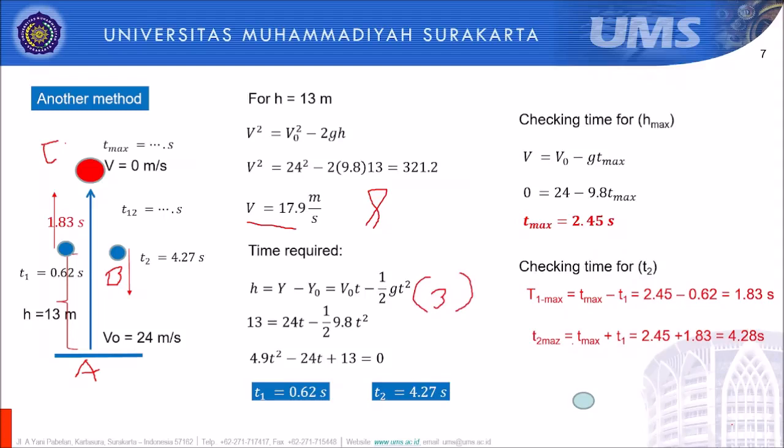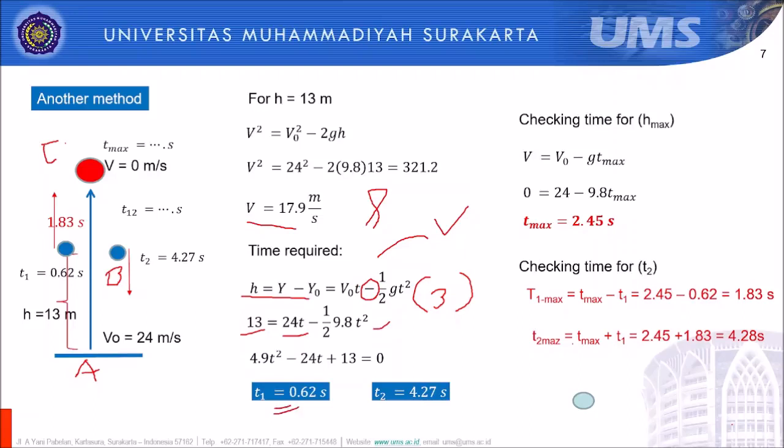Y minus y0, this is where we determine the height: v0t minus half g t squared. Minus, because this is vertical movement, right? So this is 13, 24t and t squared. So we have two values.